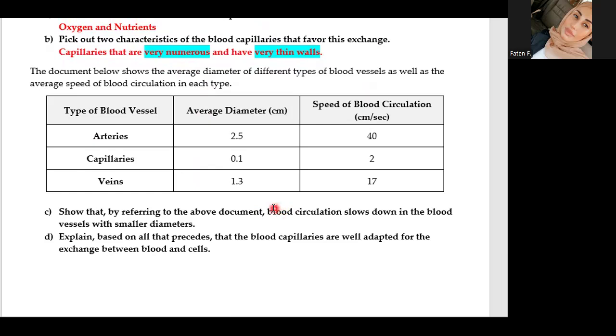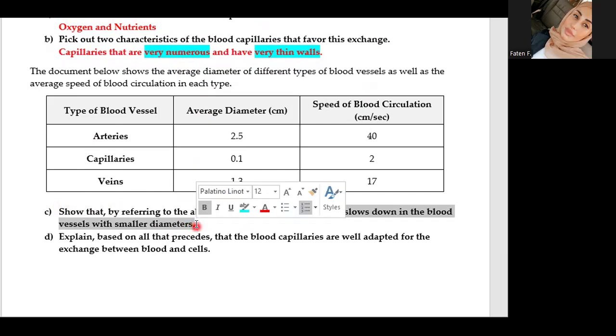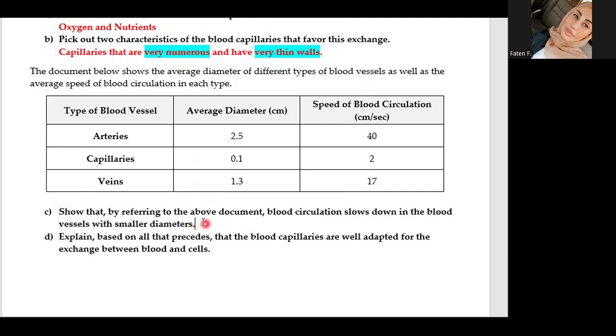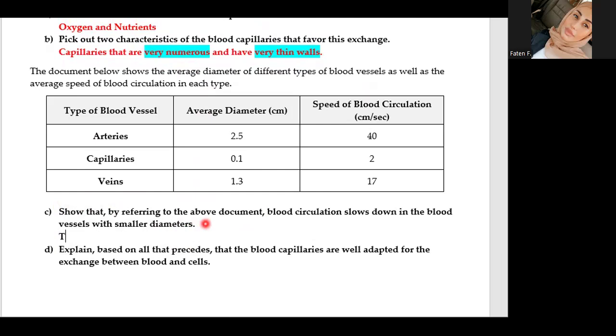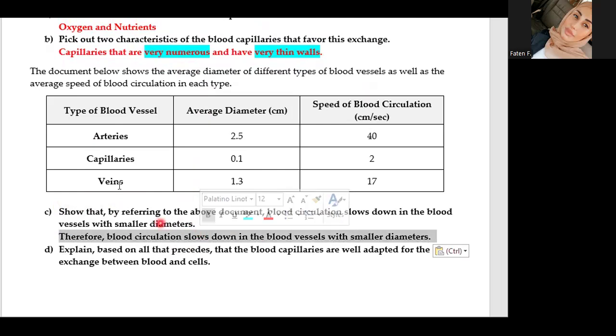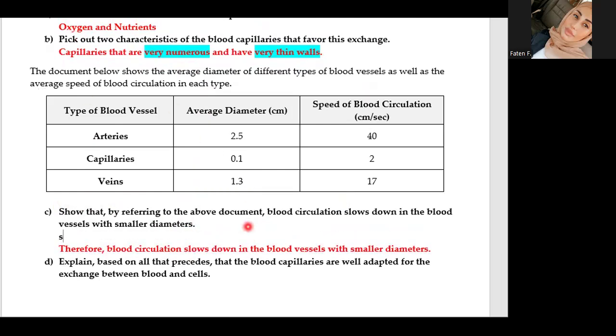Show that the blood circulation slows down in the blood vessels with smaller diameters. Since it's a show-that question, I will need to end my answer with: therefore, blood circulation slows down in the blood vessels with smaller diameter, before I need to justify.